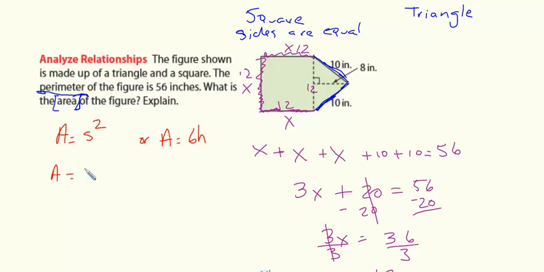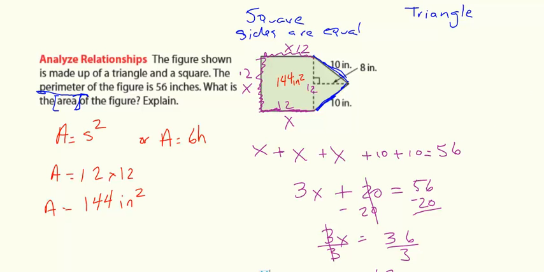So area equals 12 times 12. So I get 144 inches squared for the area of my square here.